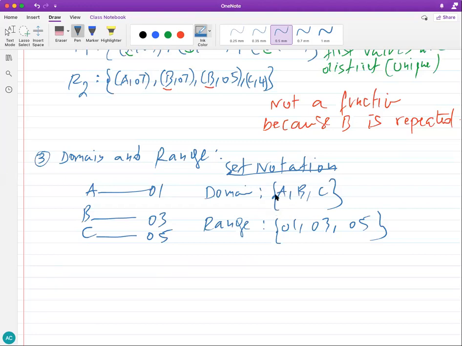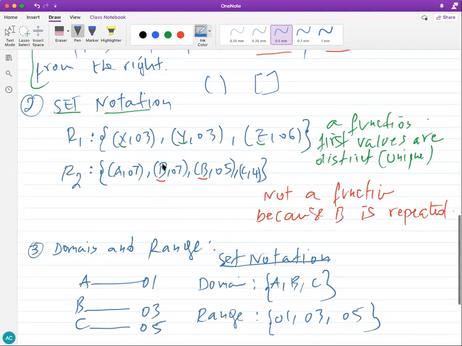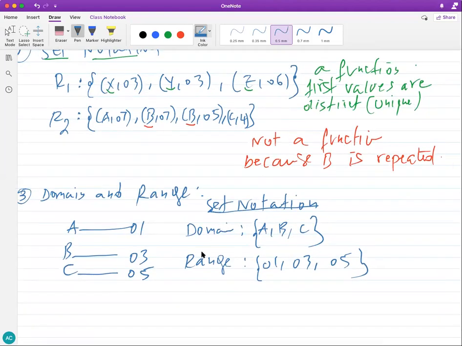This will not be given to you by itself. So you will see this and you will be asked to write this. If it was about the domain, whether it's a function or not, it will be given to you like this together. So basically here, when you put these together, you get these pairs, relation sets.